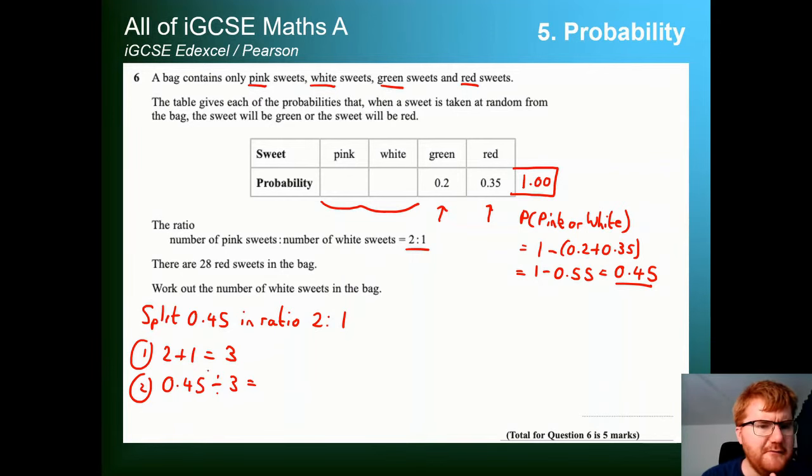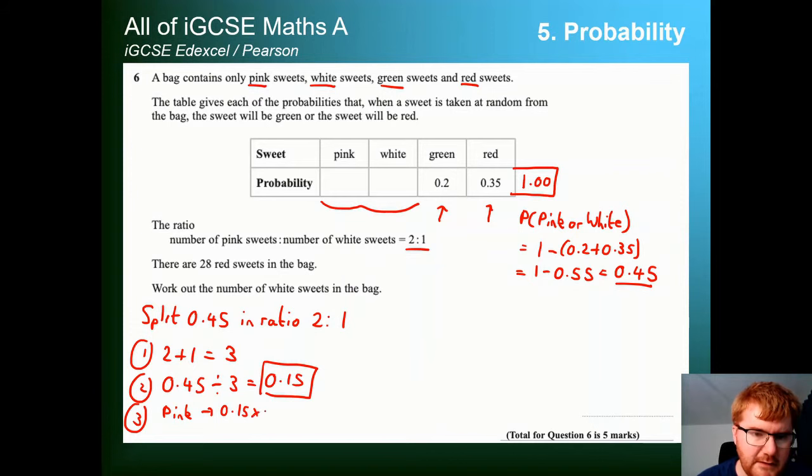So 3 into 45 goes 15, so 0.15. Therefore, the pink will be 0.15 times 2, the left-hand side of this ratio, so that's equal to 0.3. And then the white ones, that's going to be 0.15 times 1, which is just 0.15.